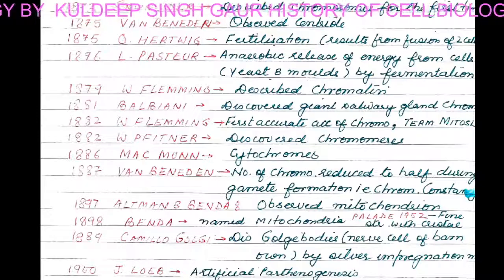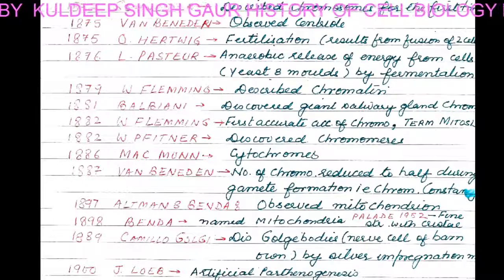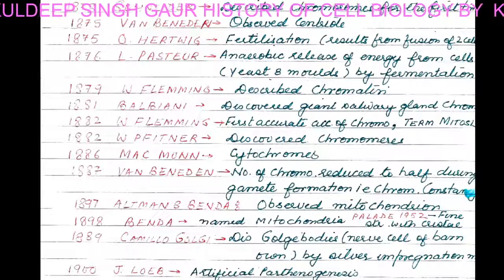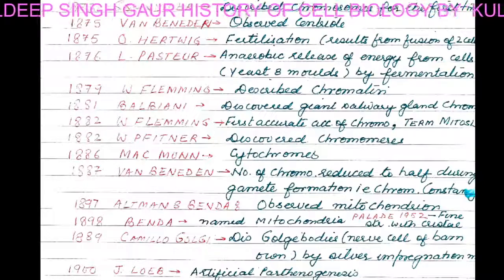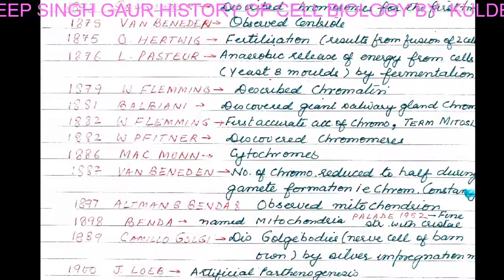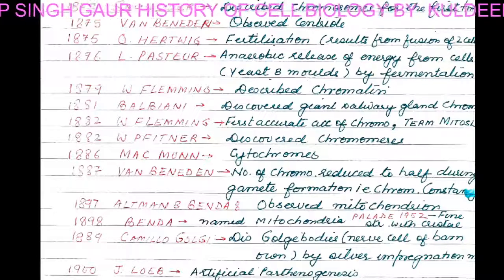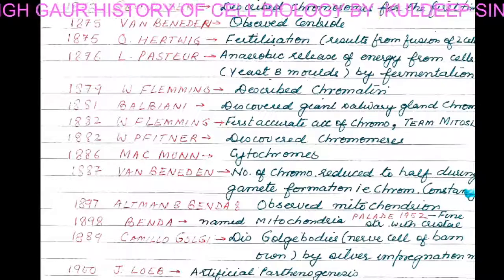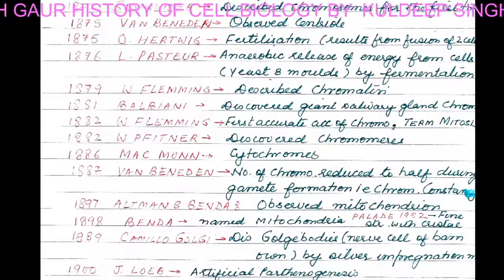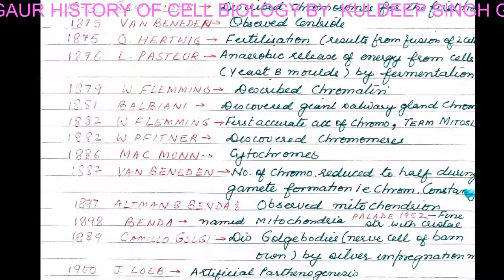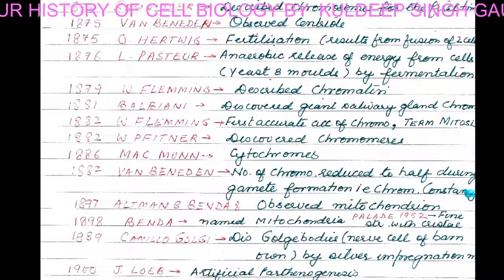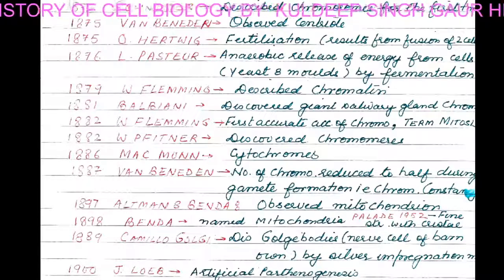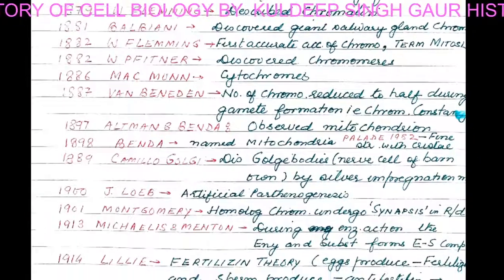In 1882, W. Fleming for the first time gave an accurate account of chromosomes, and he also gave the term mitosis. In 1882, Fitzgerald discovered chromomeres, which are beaded appearances on the chromosomal length. Flemming described cytochromes for the first time in 1886.